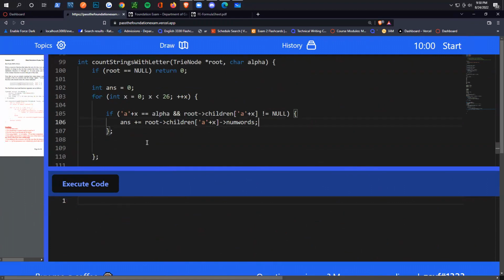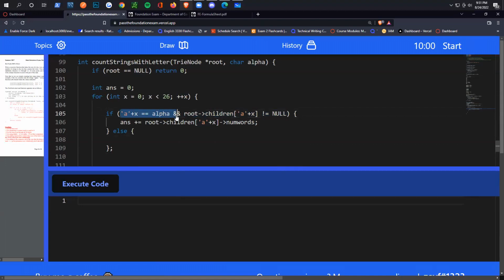Now, else, you're just going to end up recursing down that way. So let's think about what the possible breaking conditions are. If both of these conditions are not true, that can only mean three things. One of these conditions is not true. Either this one's not true, or this one's not true, or both of them are not true.